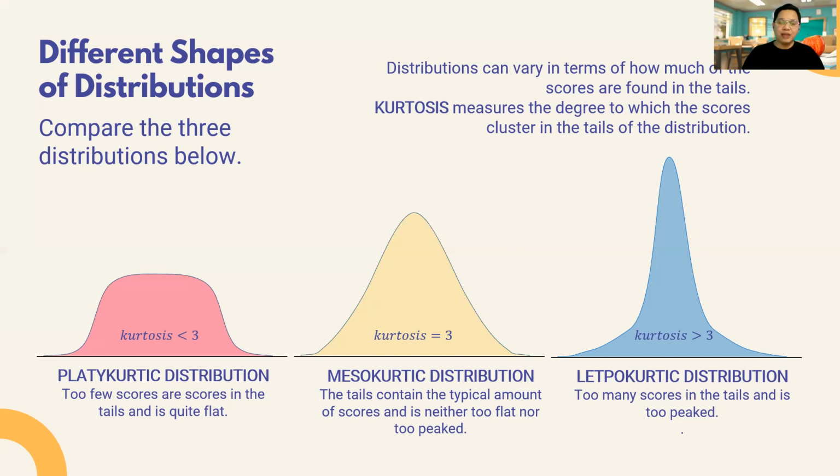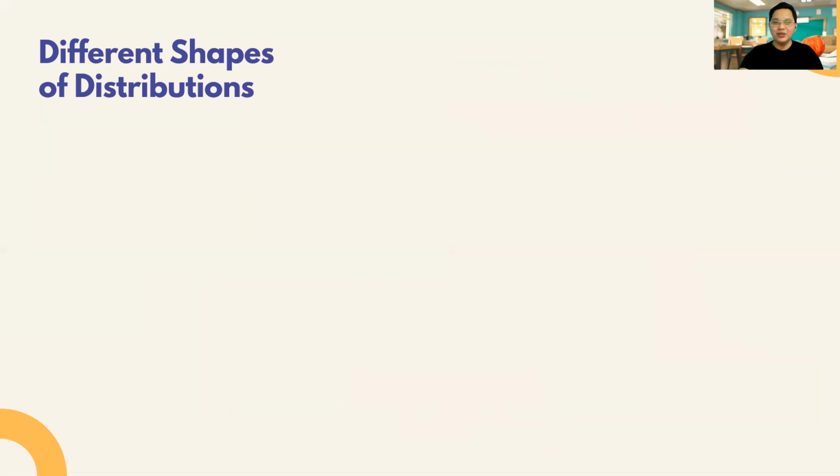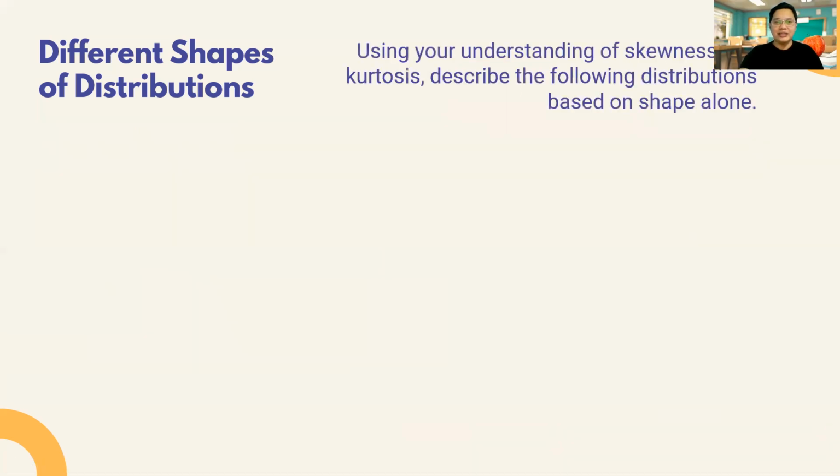But before I flash the examples that we will be working with, I want you to make a mental picture of the mesokurtic distribution that we see over here, because this is going to be our basis for visually identifying the classification of the following examples. All right, so let's proceed with the next slide.